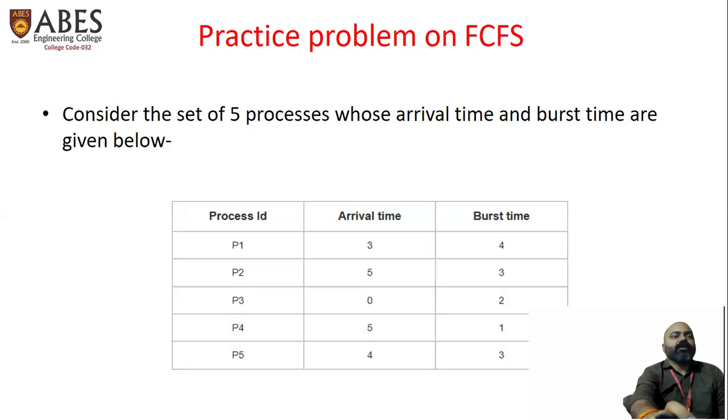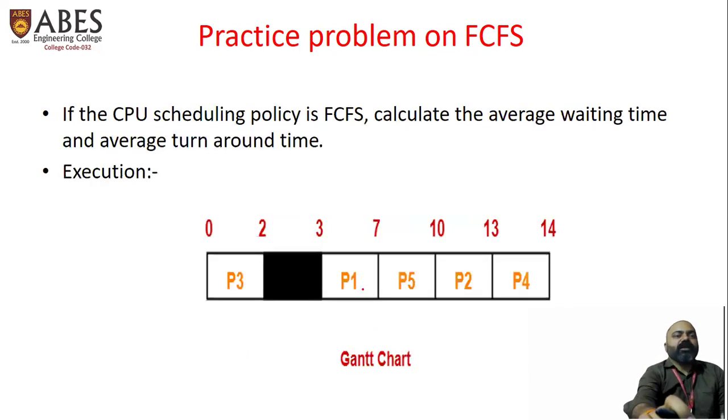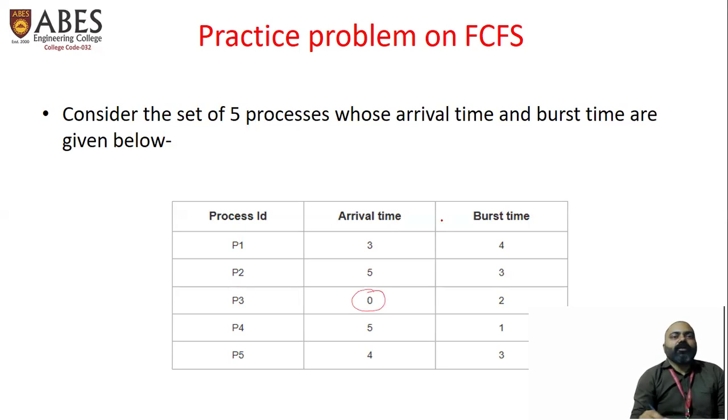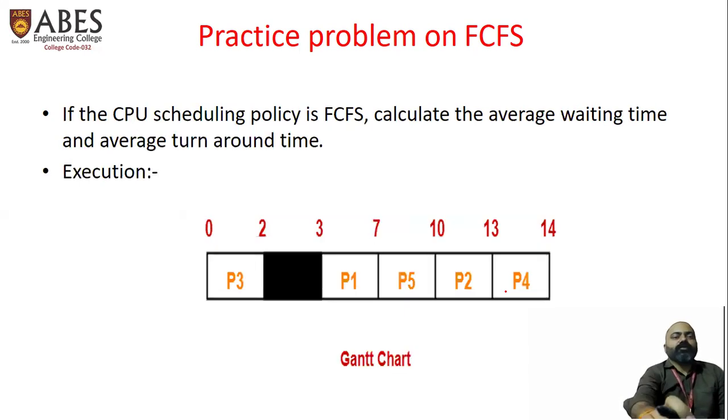We can see here which comes first at arrival time 0: P3. So P3 will get executed first. What is the burst time of P3? The burst time of P3 is 2. So you can see here 0 to 2.